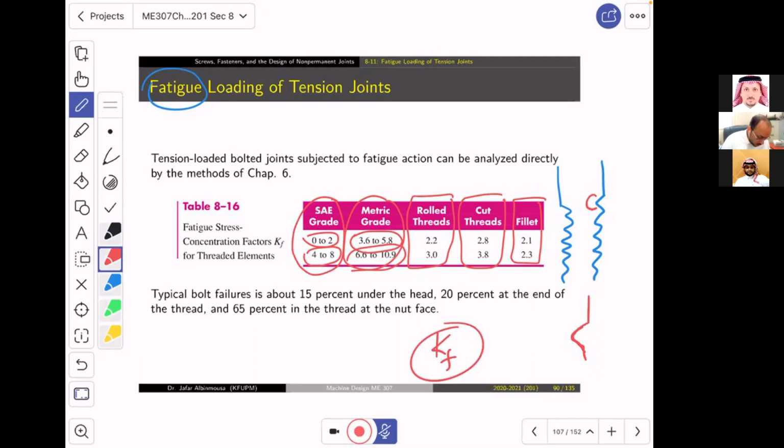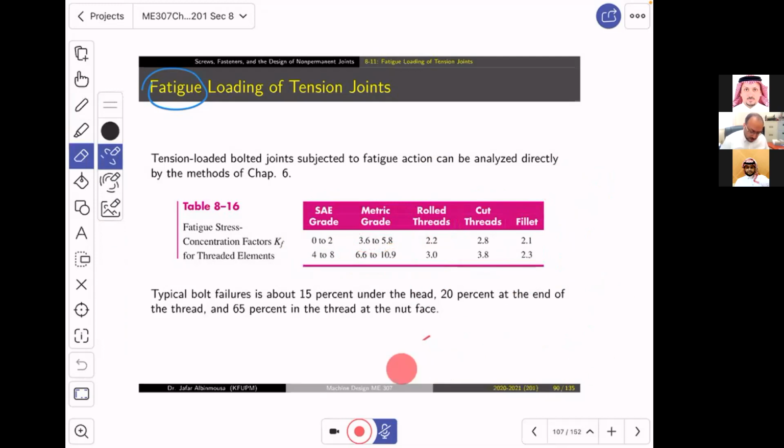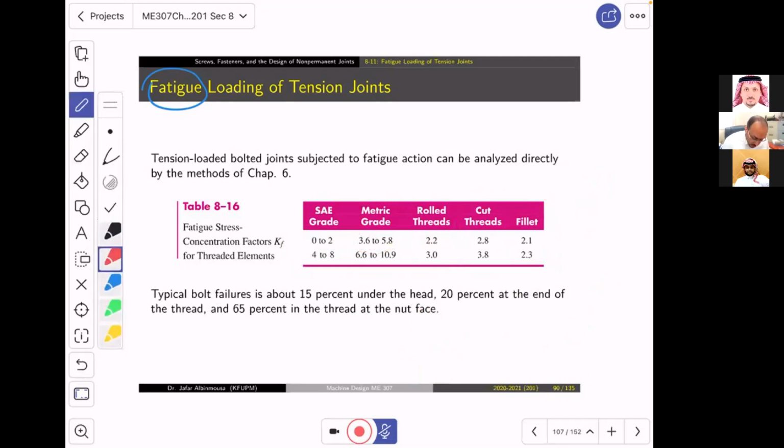So if you have a metric thread with a class grade 3.6 to 5.8, and this is a cut thread, KF is 2.8. If it is rolled threading, it is 2.2. Do you understand? So this is very interesting. It just makes our life much easier than what we thought.